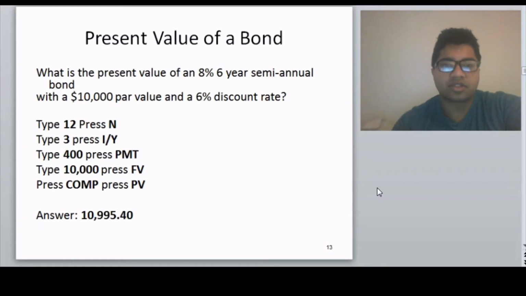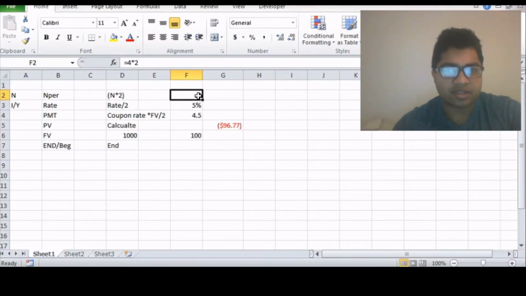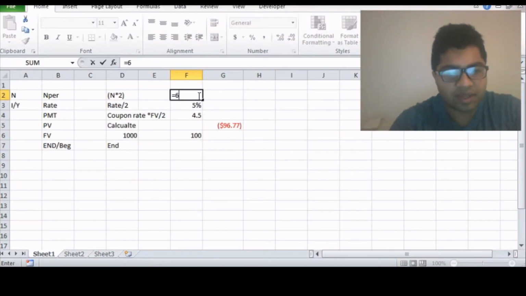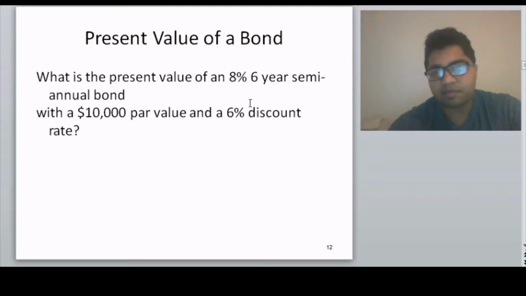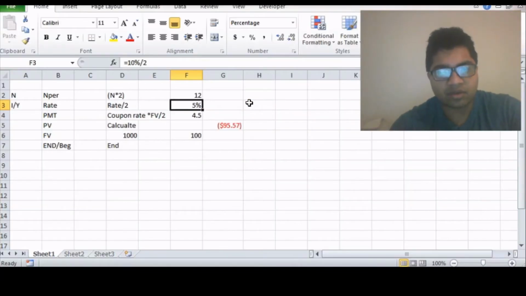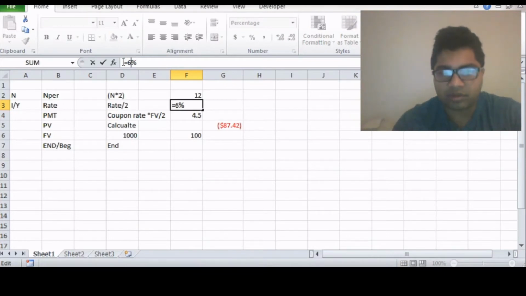Same with this question. What is the present value of an 8% 6-year bond? So 6 years is 6 multiplied by 2. N will be 6 multiplied by 2, that is 12. The discount rate is 6%, divide by 2. I forgot to divide by 2.